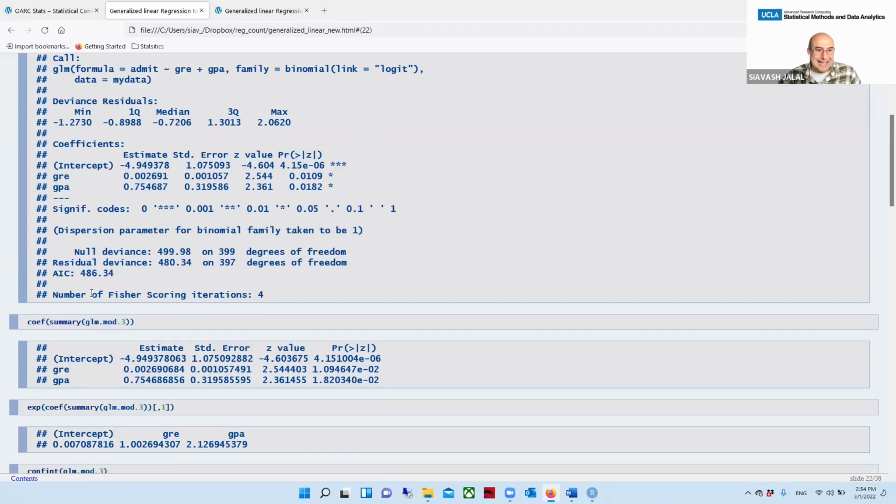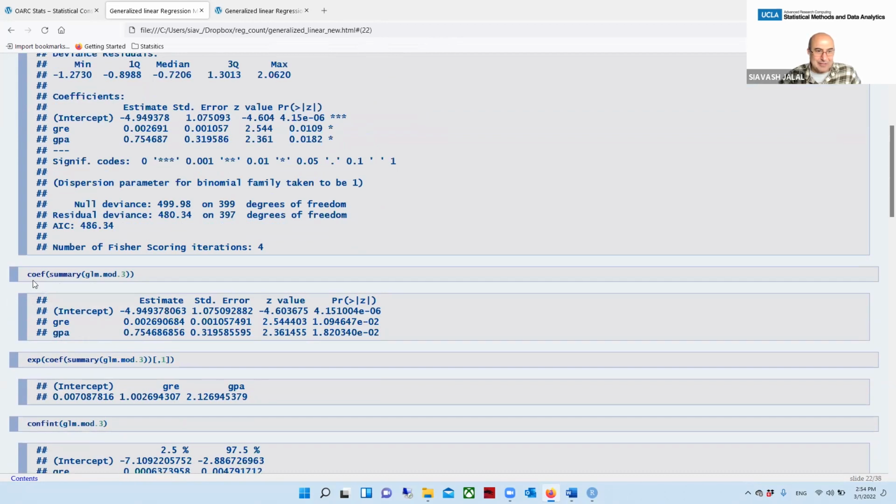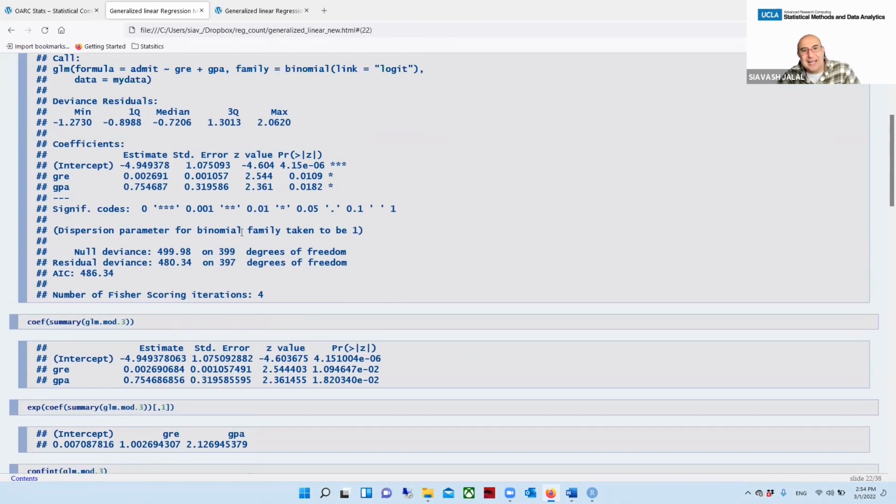And then I get the coefficient with this, I get the standard error, I get the Z value. Now you see this Z value is interesting, it's not T. So the generalized linear model has different kinds of assumptions. It's not the same as the linear model, so the same asymptotic distribution doesn't make sense here.